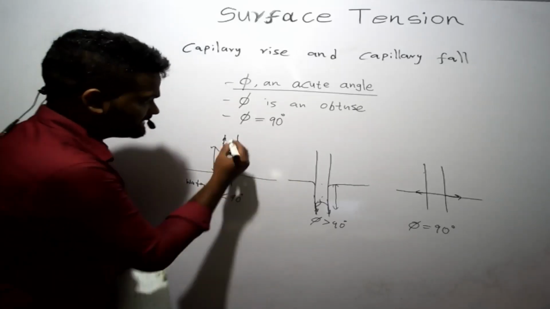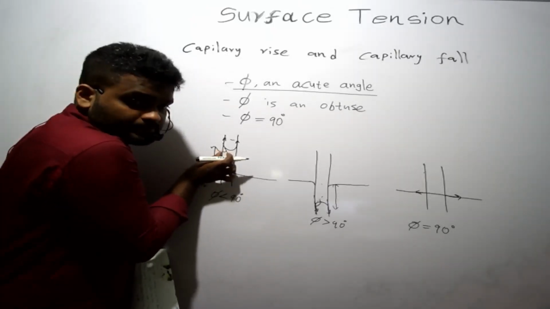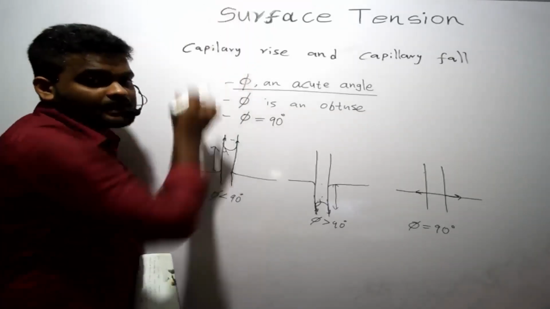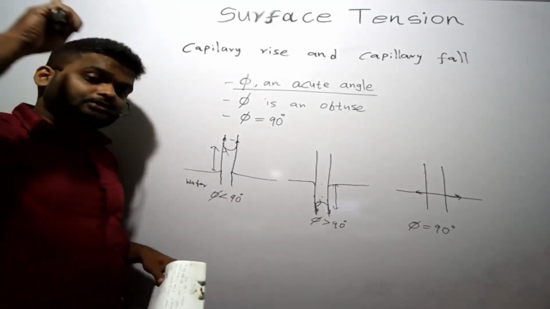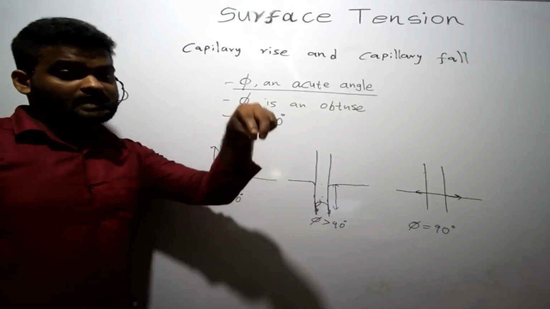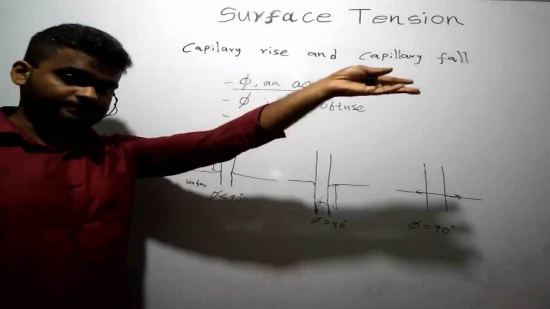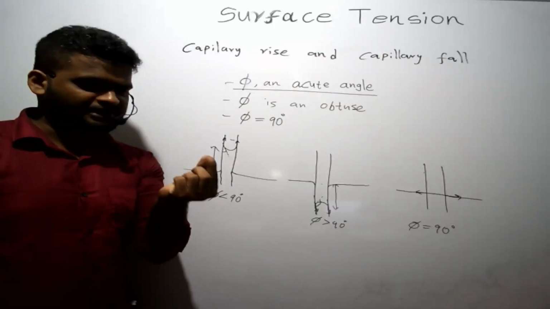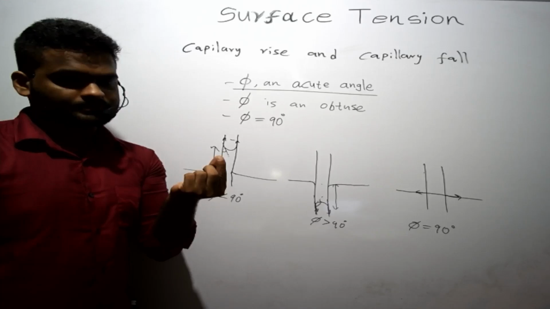Let's say the internal radius is small. So thinner the tube, higher the capillary rise, right? So that's how, even though the trees are very high, the surface tension contributes largely to carry water upwards up to the leaves, right? Because they have very minuscule tubes there.